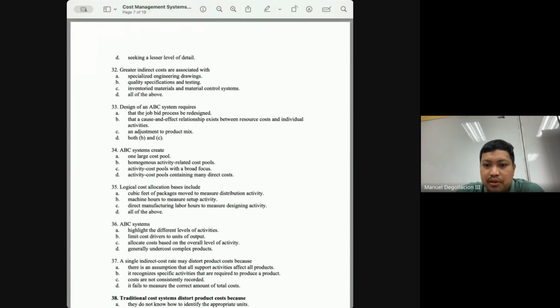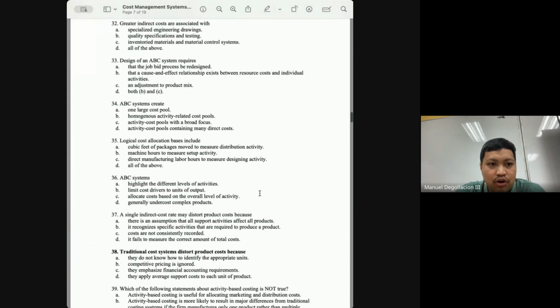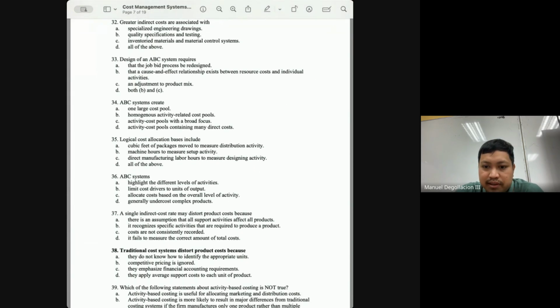33, design of an ABC system requires, this is one of those enumerated in the handout above, that a cause and effect relationship exists between resource costs and individual activities. Answer is letter B. 34, ABC systems create, letter A is definitely incorrect, class.